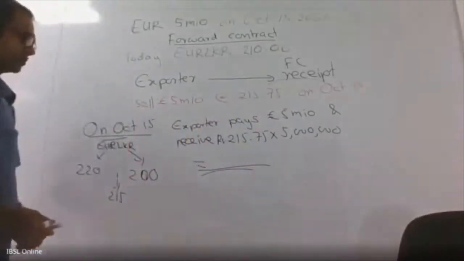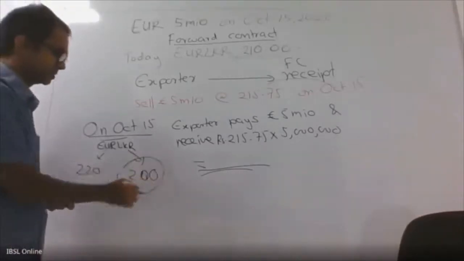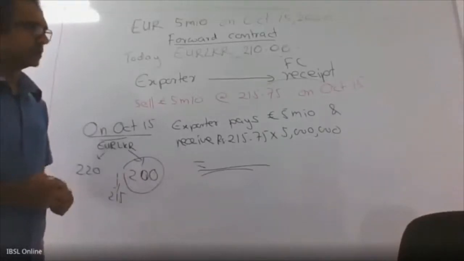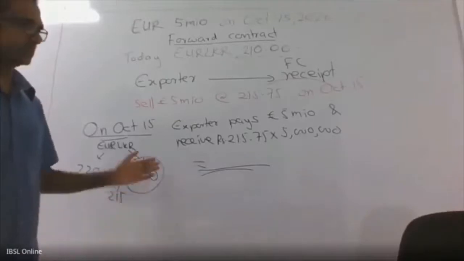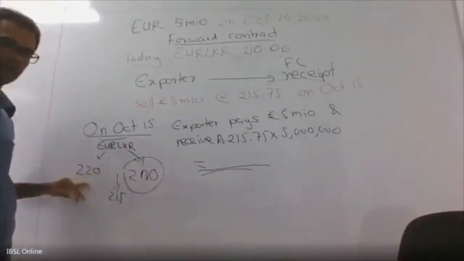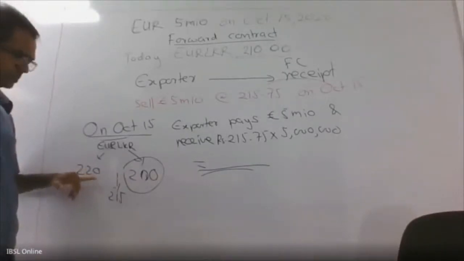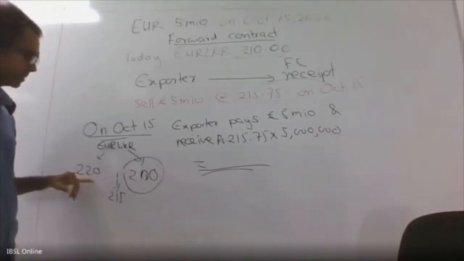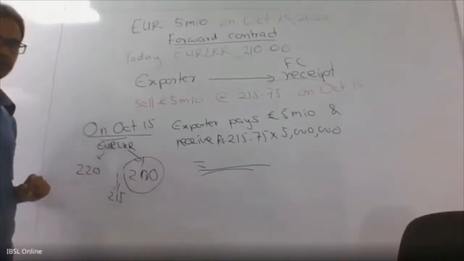Neither party can now say the exchange rate is 200, therefore I should pay only 1 billion. The buyer cannot say that. Or if the exchange rate is 220, the seller cannot say, see, now the exchange rate is 220, so I should receive 1.1 billion rupees.